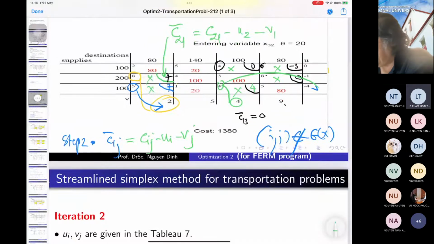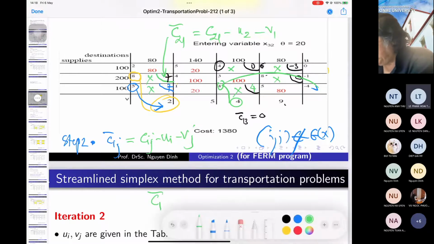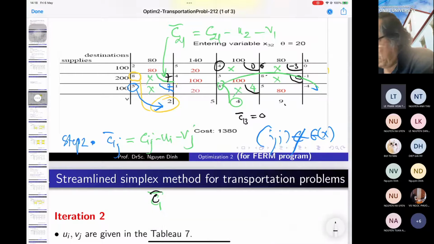is there any ij with C bar ij negative? Which one is negative? This one is negative.